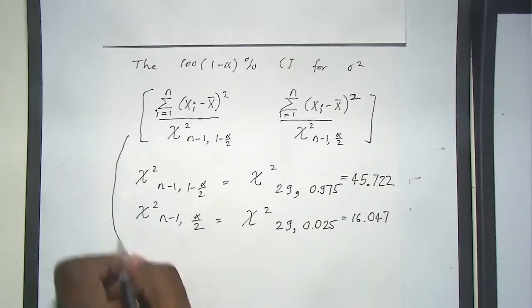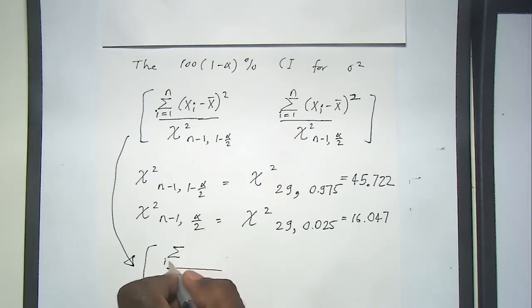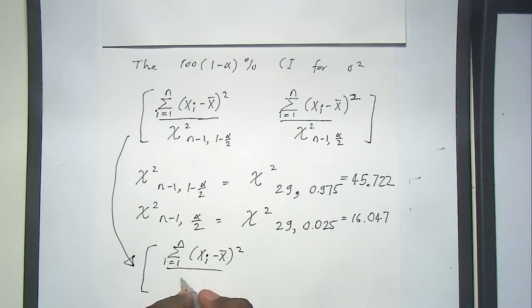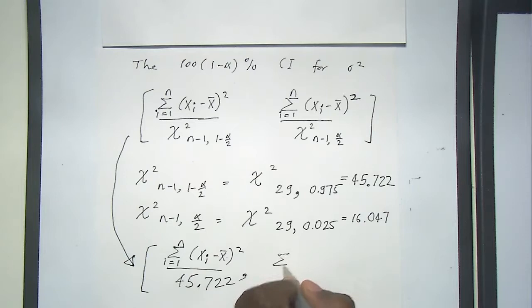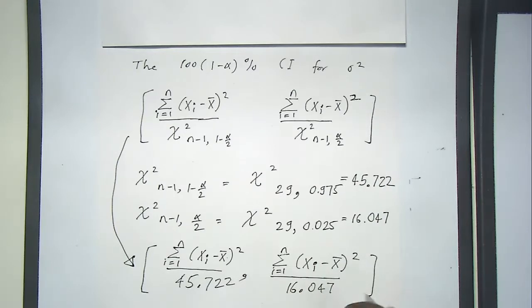So this guy here will become like this. Okay. So this is the 95% confidence interval for sigma squared.